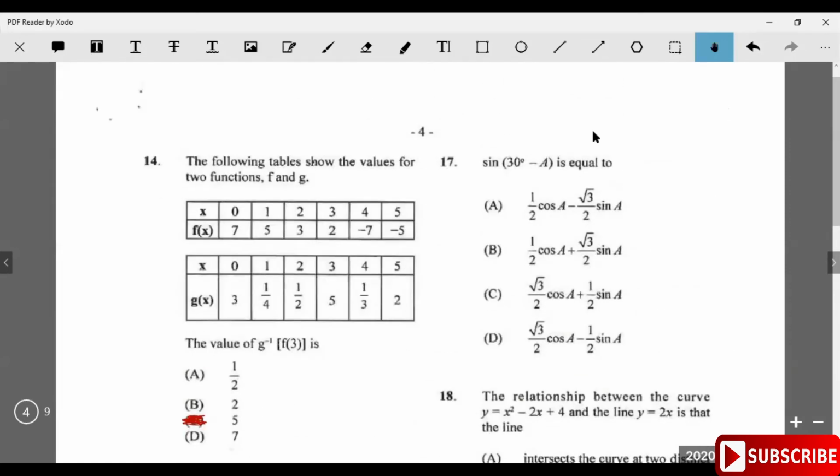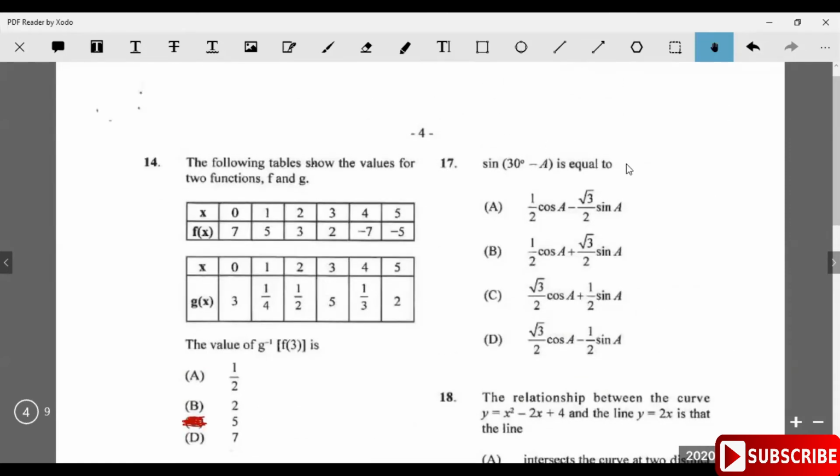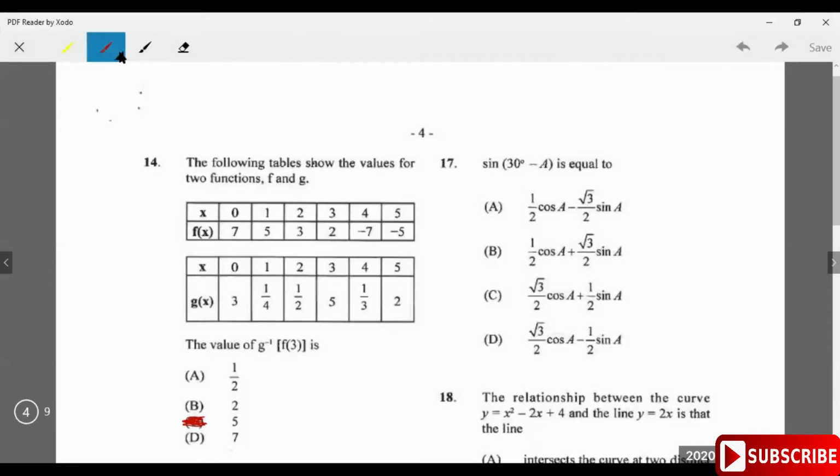Nice. Now in this question, we're expanding this right here.